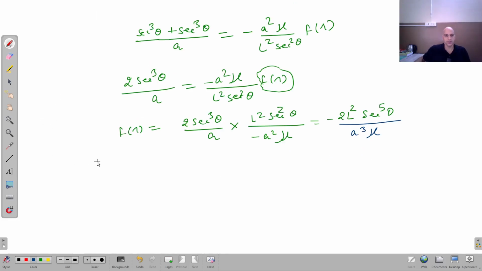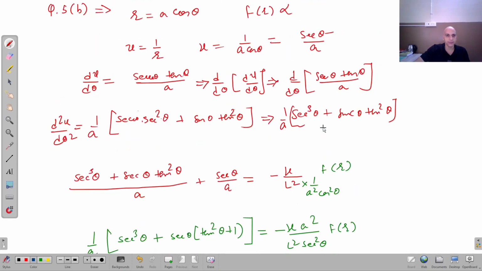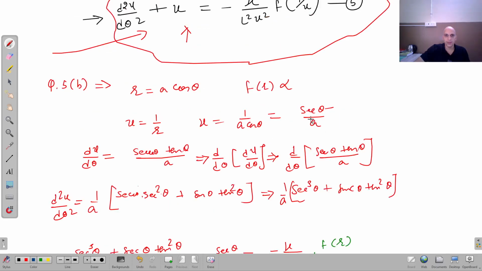So now I can write f r is equal to minus 2 L square. Now what is secant theta? You see here, as u is equal to a cos theta, secant theta is equal to a u.